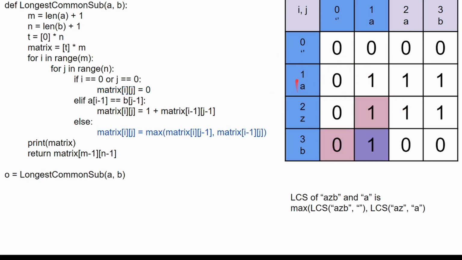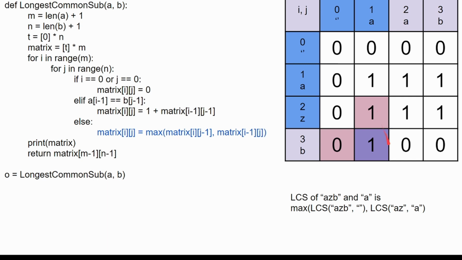Now you have AZB and A, where A and B are not the same. So you have to look at this, which is empty string and B, which is 0. And you have to look at this, which is AZ and A, which would have a longest common subsequence of 1.